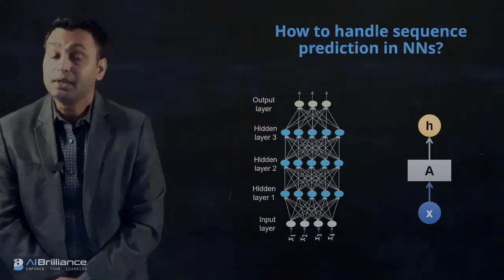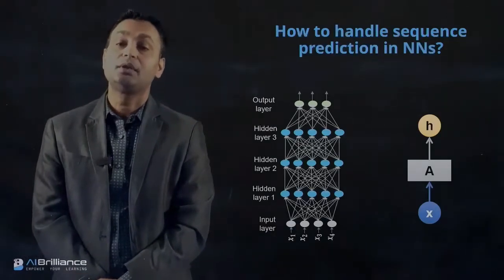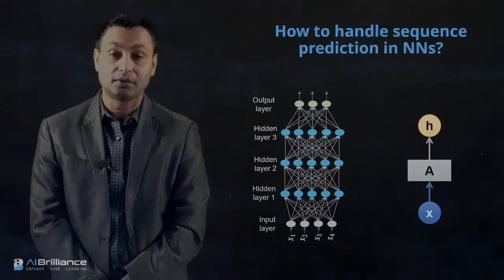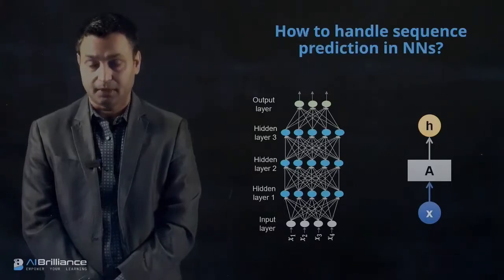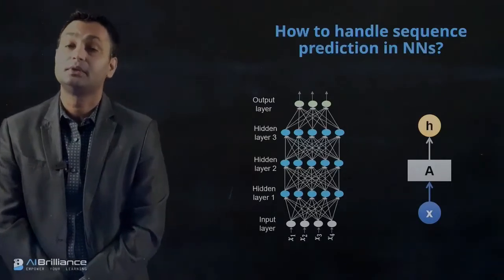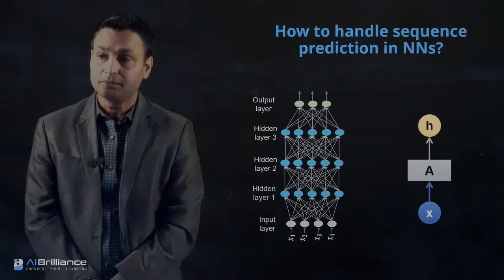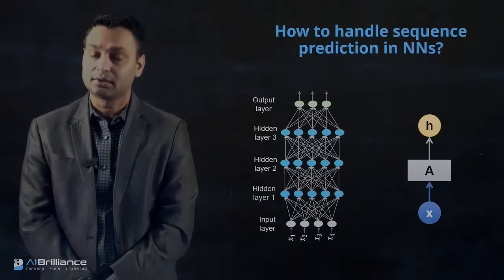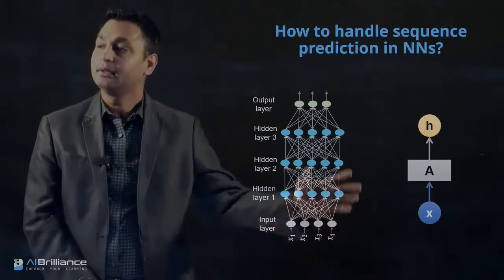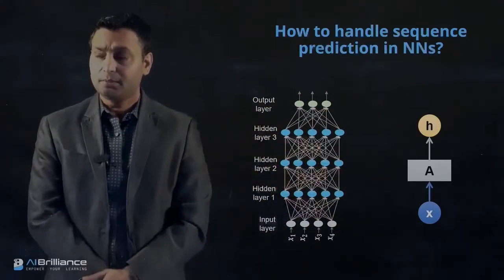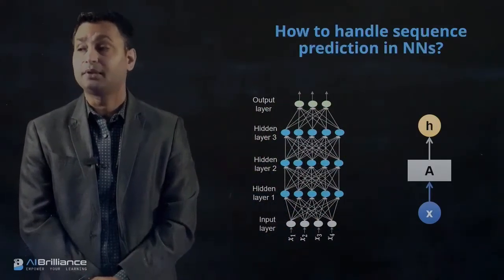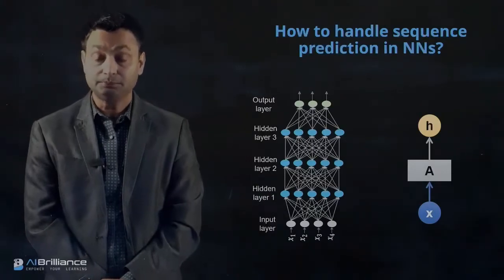Now there are many classes of problems where we need some notion of sequence dependency. If the problem requires us to consider sequence dependency, this kind of model might be able to handle it, as we will discuss, but it might not be the best model for it.